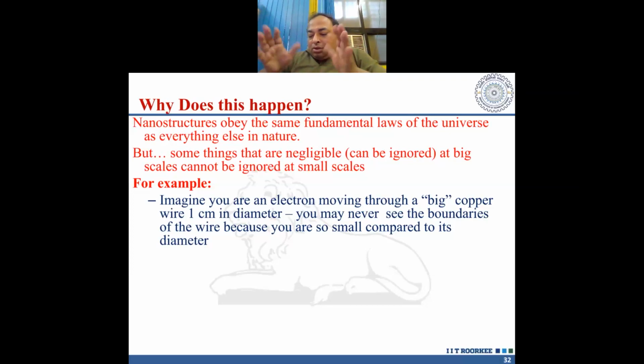So this is a copper wire. Again, compare with the big highway, and you are an electron traveling. You may never see the boundaries of the wire because you are so small compared to its diameter. So you are an electron traveling in a big copper wire, you are probably never going to see the boundaries.